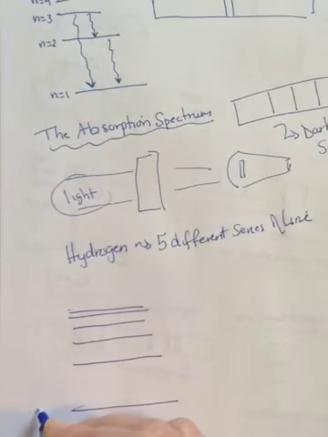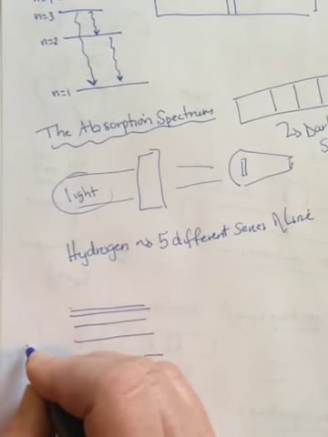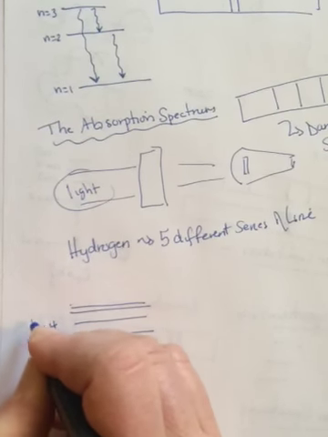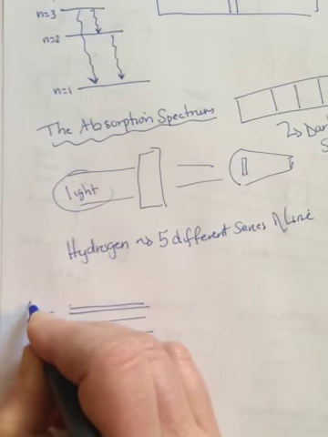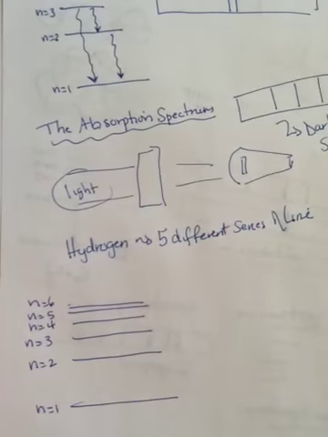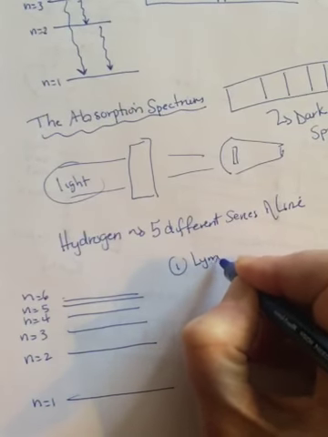And it's not an accident that I'm making the ones as you go up closer together, because that is the truth. So the higher you go, the closer the lines get together. And the biggest drop is from the 2 to the 1. Okay, so we have five different series. The first series is called the Lyman Series.